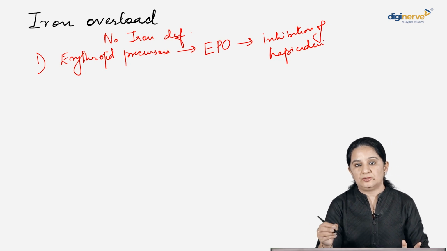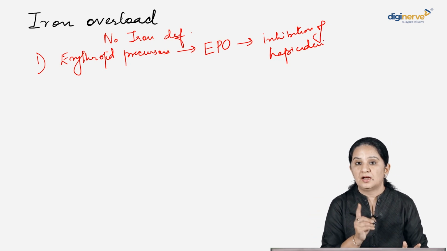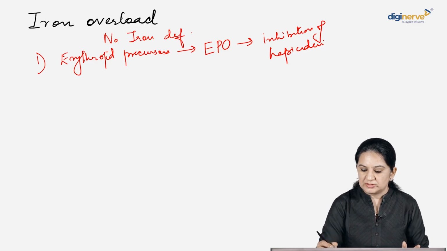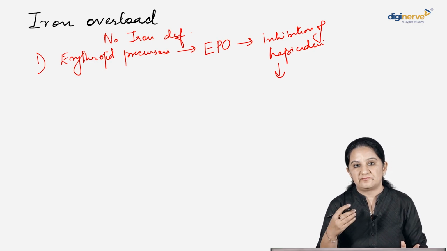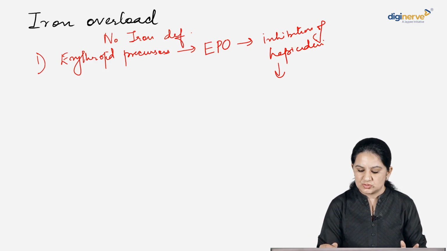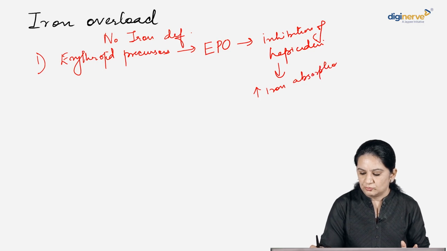Hepcidin is the central or master regulator of iron homeostasis. Where is it secreted? Liver. Where does it act? Ferroportin. Increased levels of hepcidin prevent absorption of iron. Here there is inhibition of hepcidin, so there will be increased iron absorption and hence iron overload.